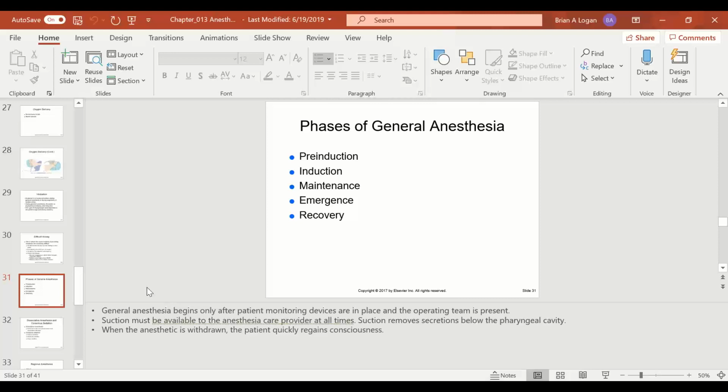This is also the time in recovery that the patient is going to ask the same question probably 1,500 times. They'll kind of wake up and be like, "I'm all done." The nurse will be like, "Yep, all done." "Oh wow, that was fast."